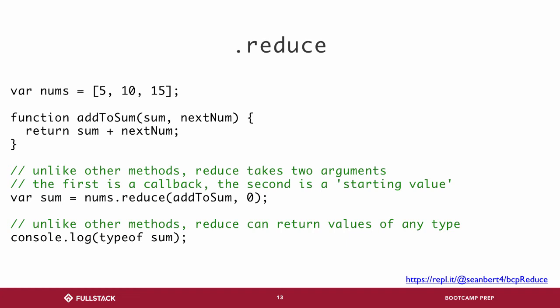And reduce doesn't return necessarily an array unless what you're accumulating into is another array. It will return whatever the return value is. Because we're returning a number plus a number, the return value of reduce will be a number, just one number.